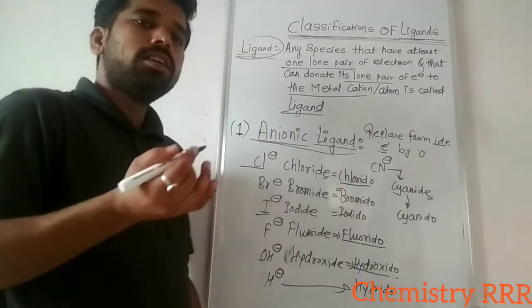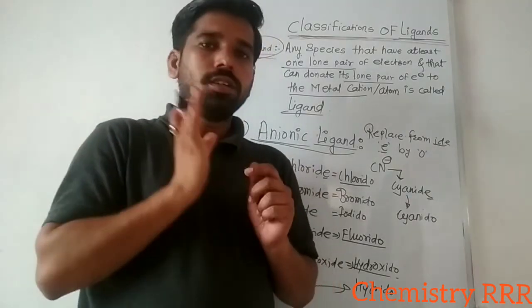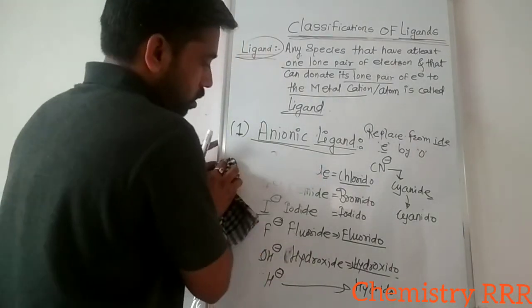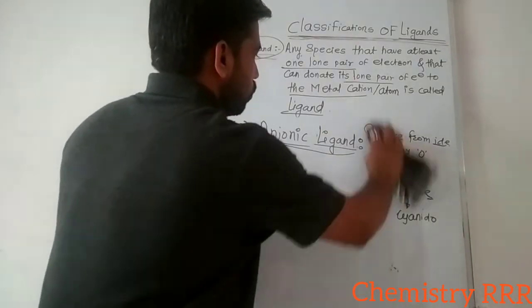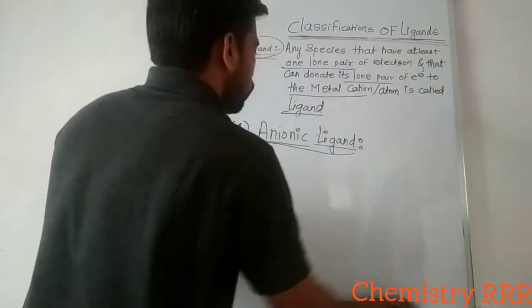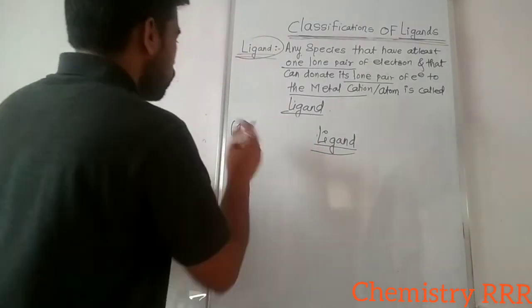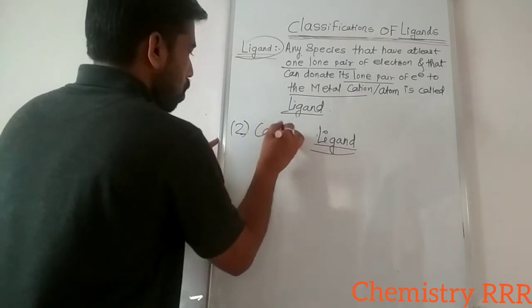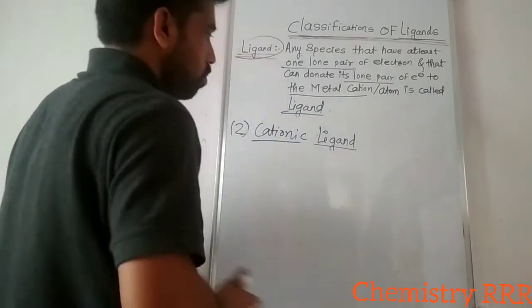Now let's see the cationic ligands, meaning the ligands having a positive charge. The second category is cationic ligands.